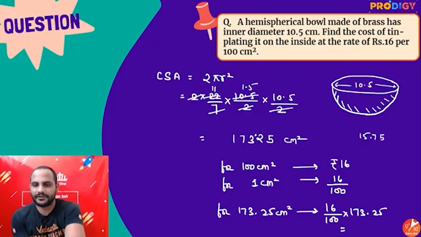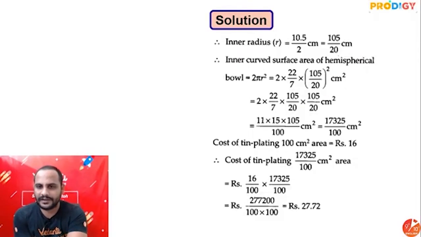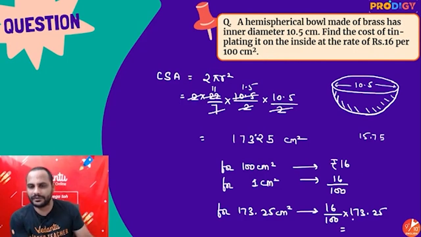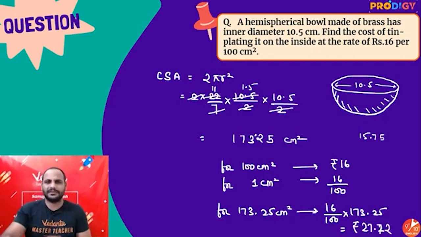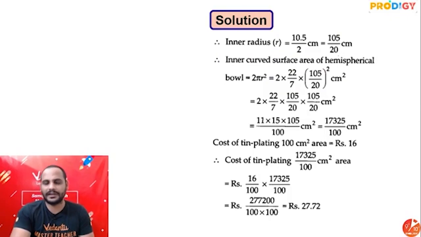Multiply them, you will get your final answer. The final answer over here will be equal to rupees 27.72. Some calculation is obviously required from our end, so you have to do it, right?